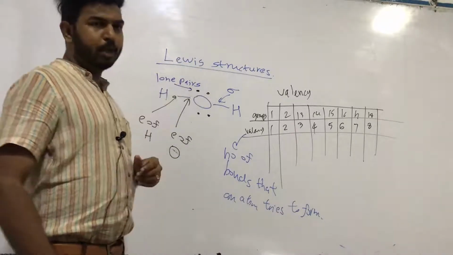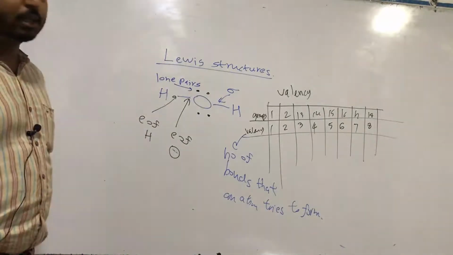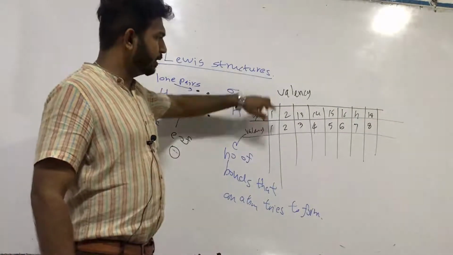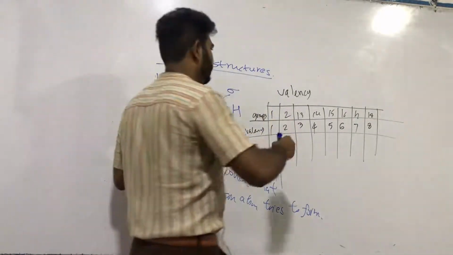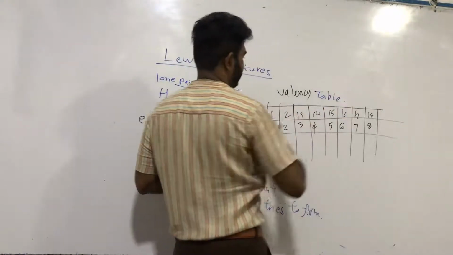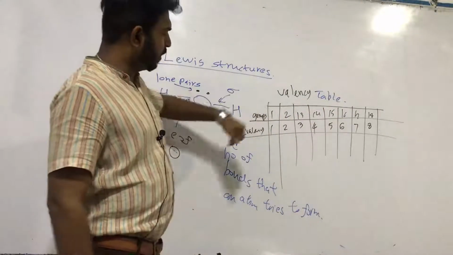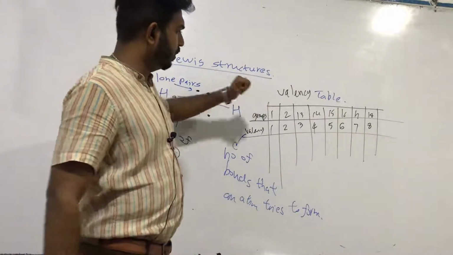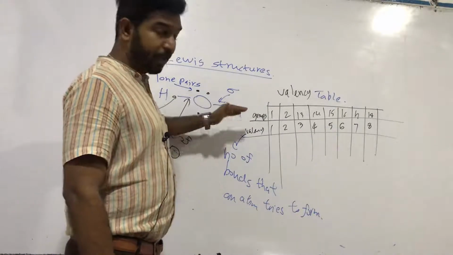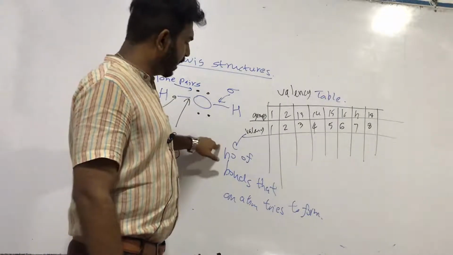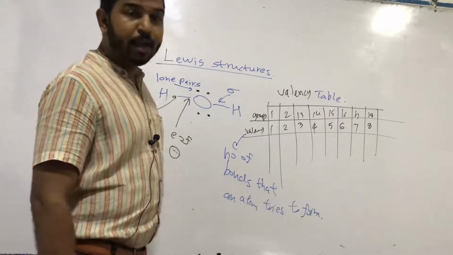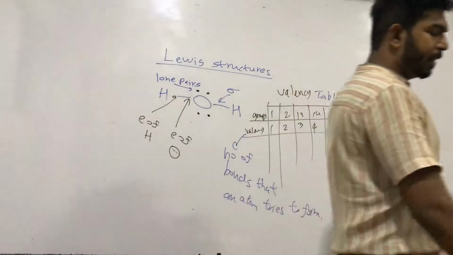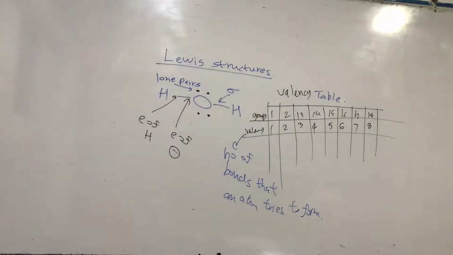Put the topic: Lewis structures. Please write this valence table. The first row is groups. The second row is valency, that means the number of bonds that an atom tries to form.